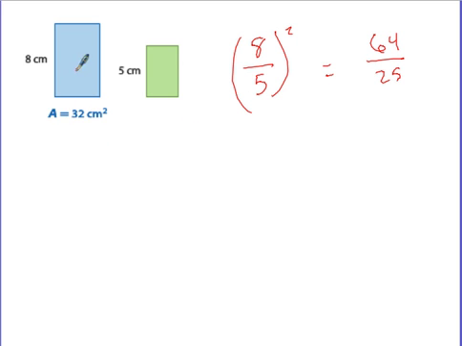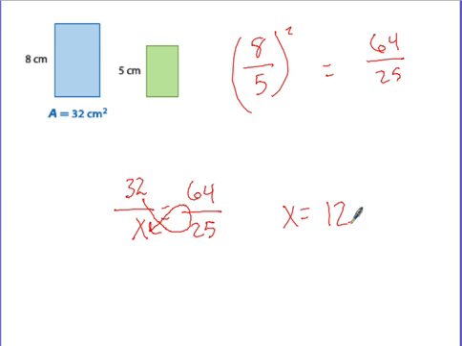And now we can use the area of the large figure that we know to find the area of the small figure. So it's 32 over x equals 64 over 25. 32 times 25 divided by 64. X equals 12.5 centimeters squared. So the area of this green one is 12.5 centimeters squared.